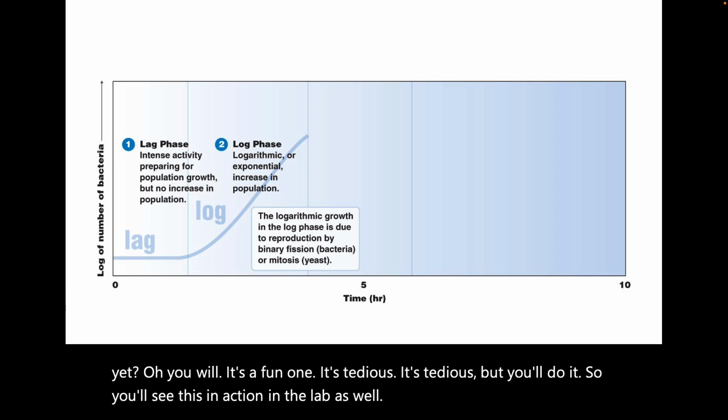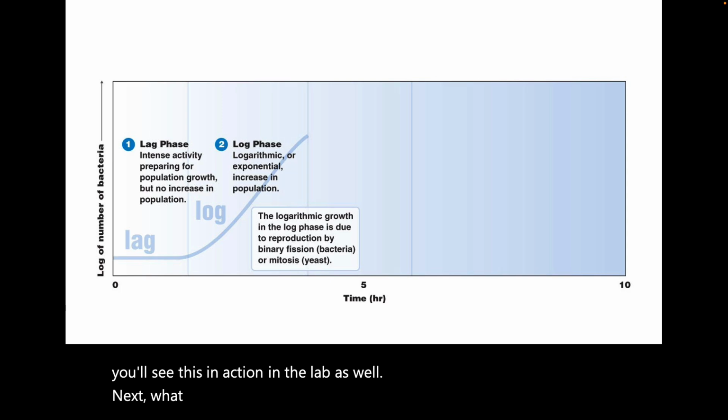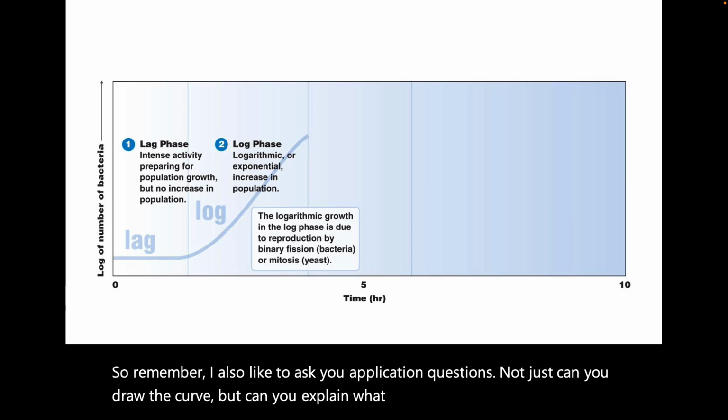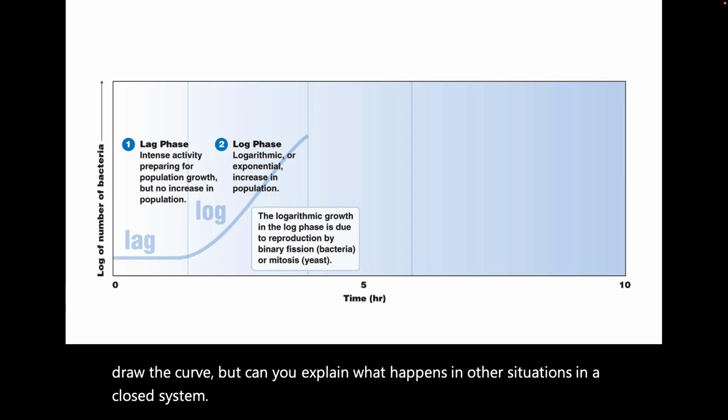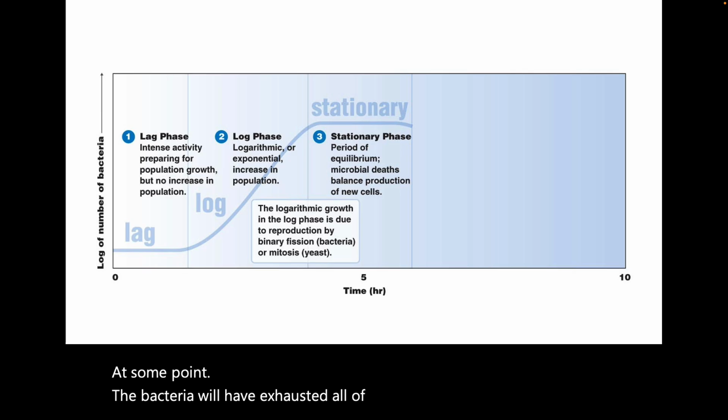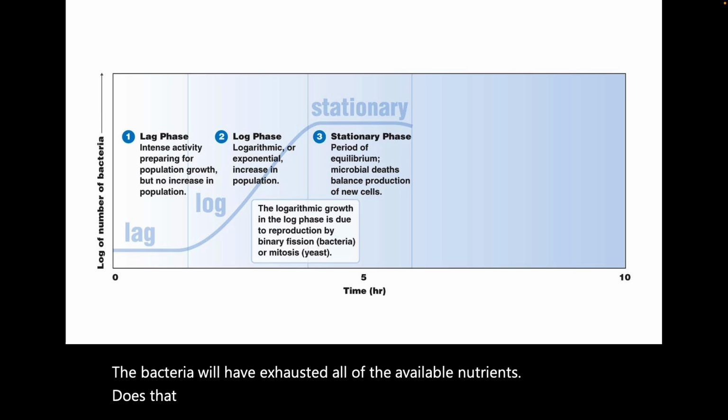Next, what happens in a closed system? So remember, I also like to ask you application questions, not just can you draw the curve, but can you explain what happens in other situations? In a closed system, at some point, the bacteria will have exhausted all of the available nutrients. Does that mean they completely stop growing?